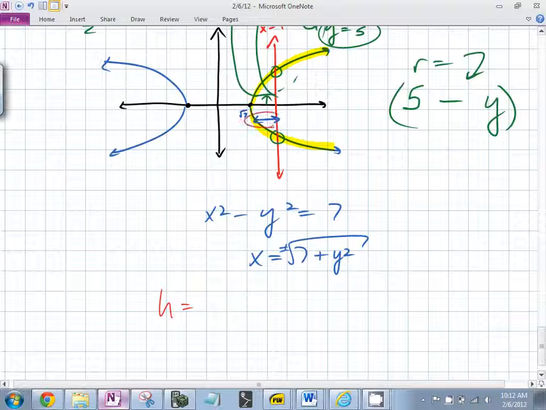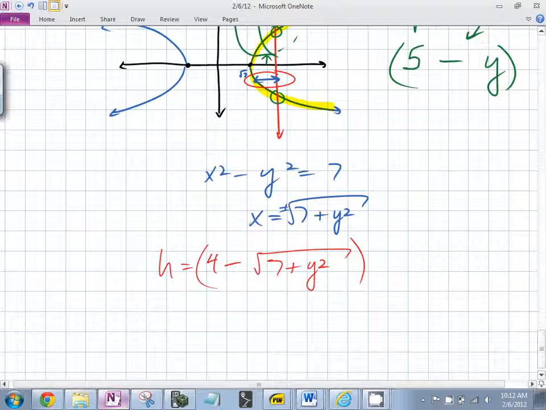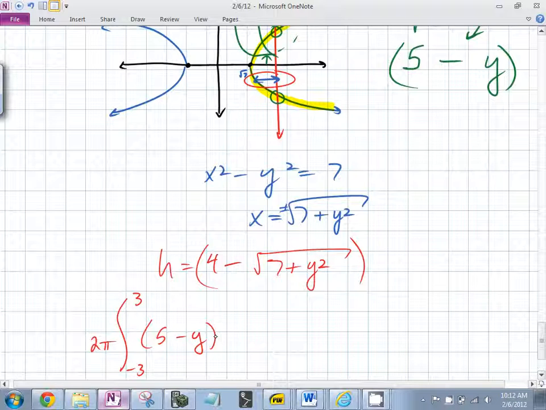To find the distance between two things, do you add them or subtract them? 4 minus the square root of 7 plus y squared. So there's our h. So what is our integral going to look like? It's going to be the integral from -3 to 3 of 5 minus y times h, which is this thing, right?